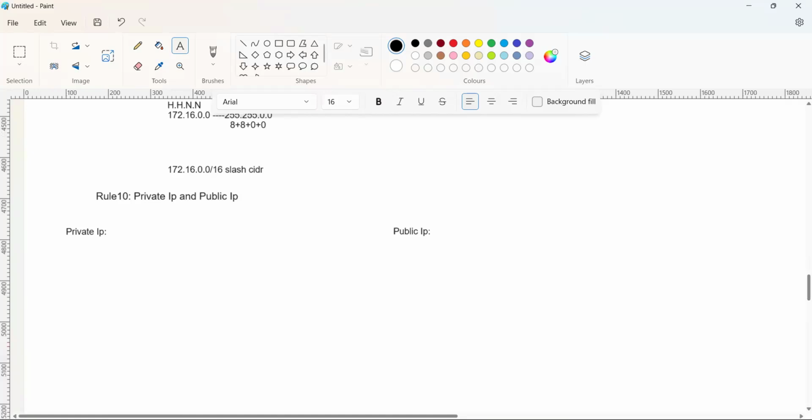Mainly, see, private IPs are used for the LAN side only, and public IPs are used for the internet.